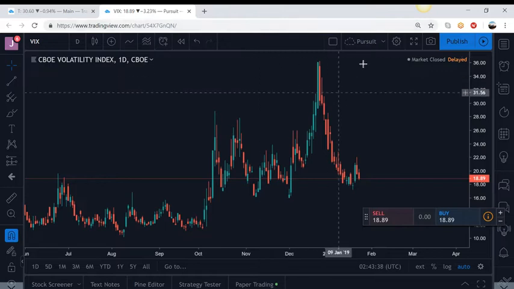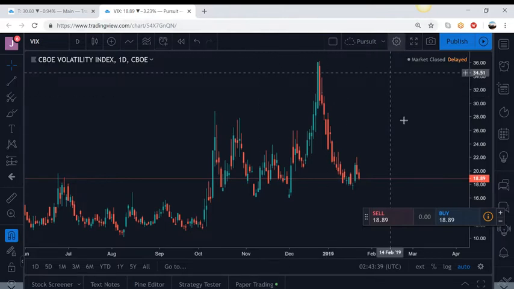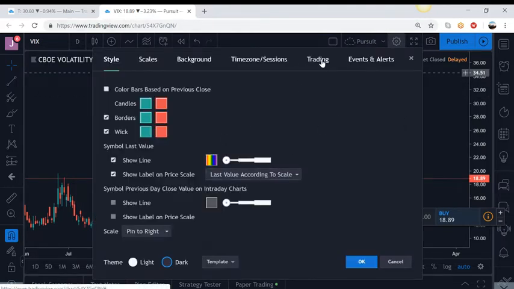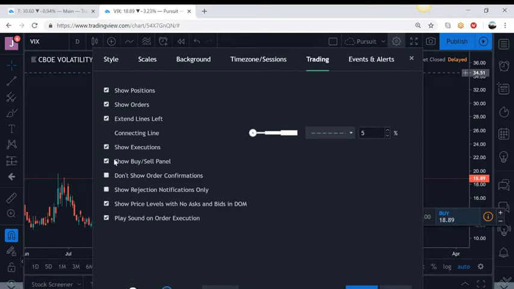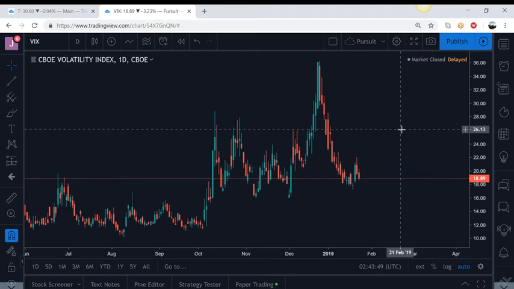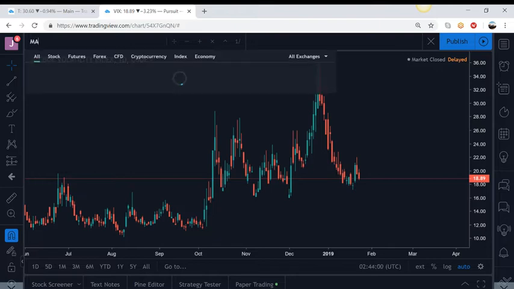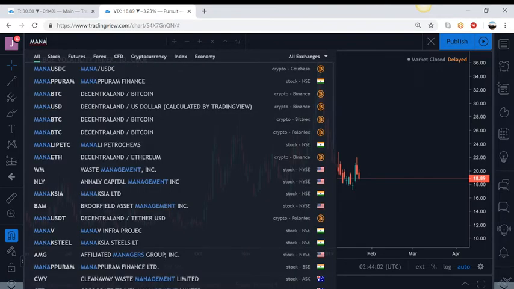Let me take this price chart off of order. All right. Okay, VIX. And then this is good because these are going to be stocks that I don't currently watch.